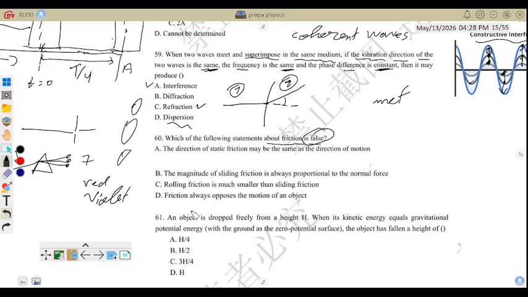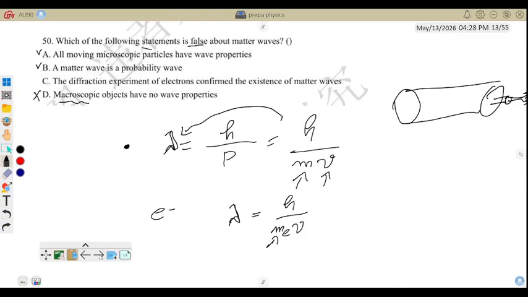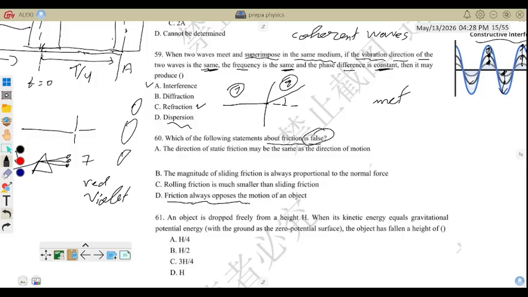When we talk about friction, what comes to our mind first is that friction always opposes the motion. But to correct that, we actually need to say that friction always opposes not the motion but the relative motion between two surfaces.